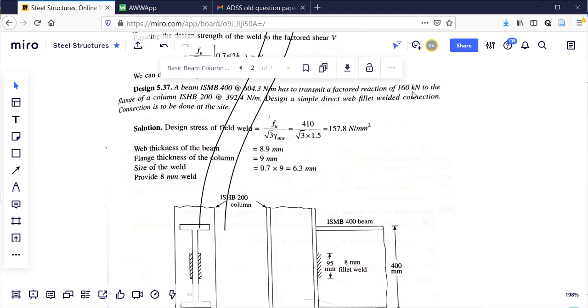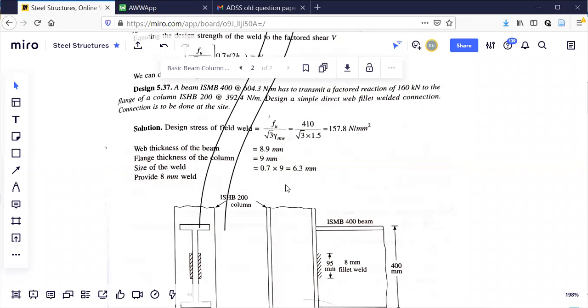So the beam is of such a span and such a loading that it has produced a reaction of 160 kN to the flange of a column ISHB. So ISHB is the column, ISMB is the beam. Those details are there. Design a simple direct web fillet welded connection.